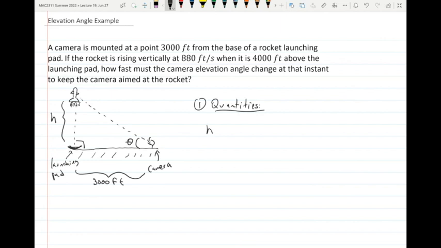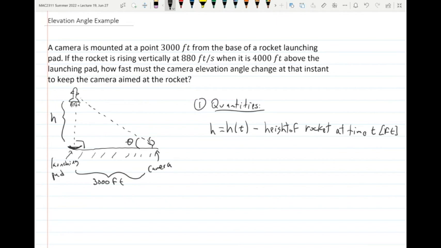Okay, H. What does H represent? The height of the rocket, rising vertically, let's say at time t, so a specific point in time. Good. And what are the units for this?